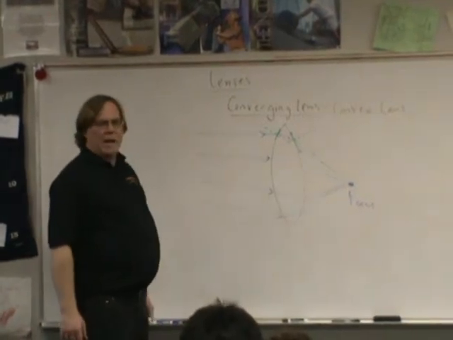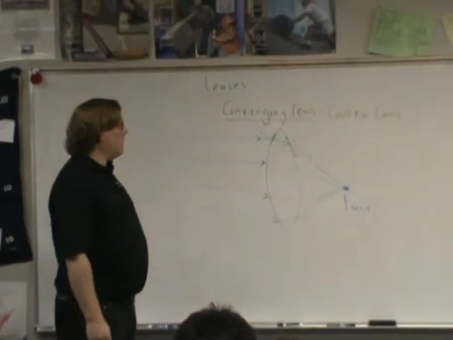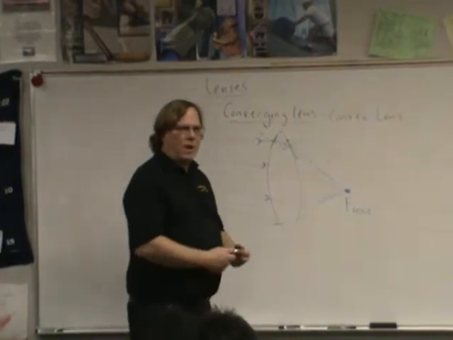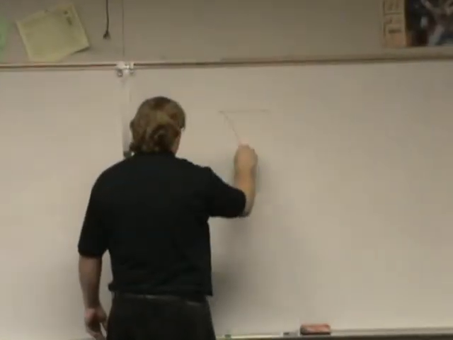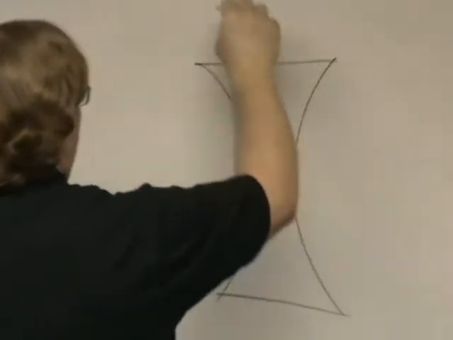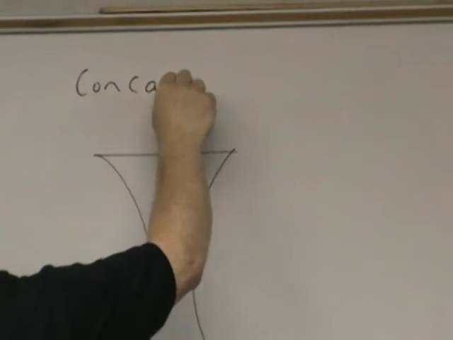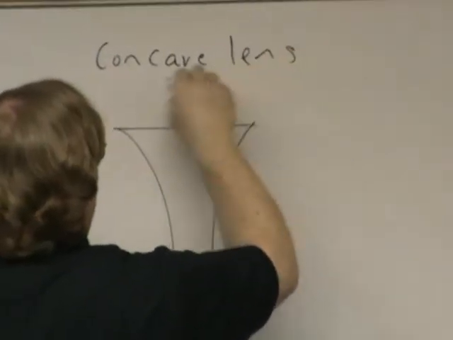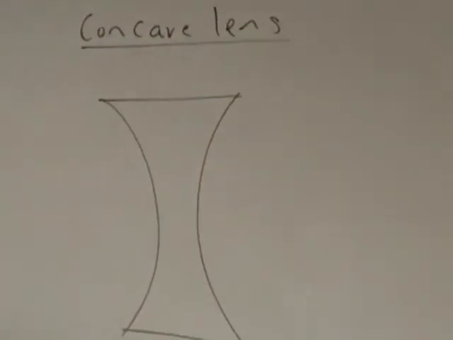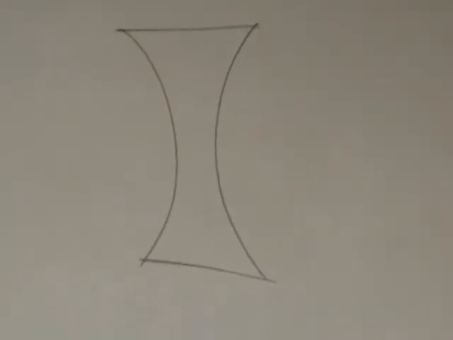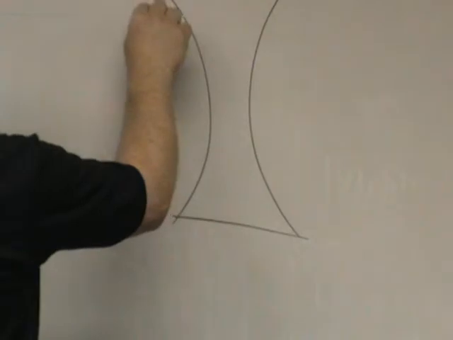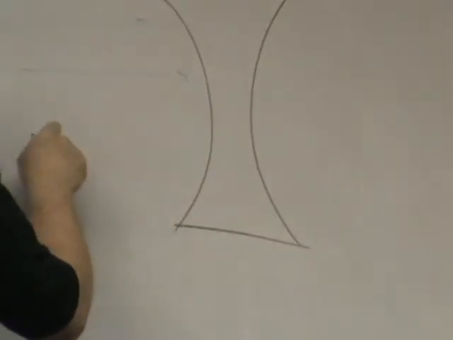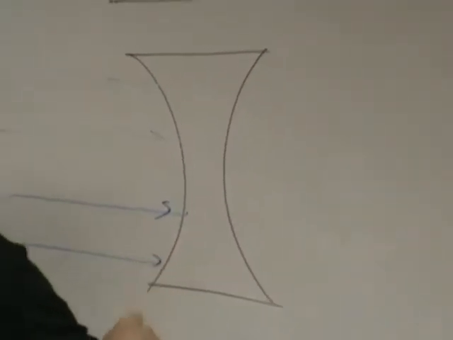This is your convex lens. The convex lens is a converging lens. How about the concave lens? What if I have a lens like this? This is a concave lens. Well, let's see what it does to the parallel rays of light now. Okay.